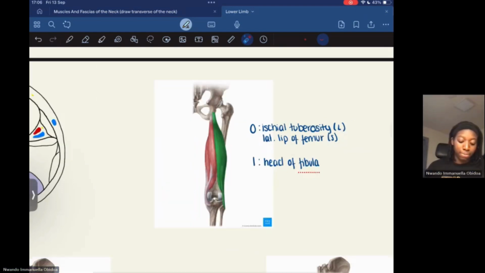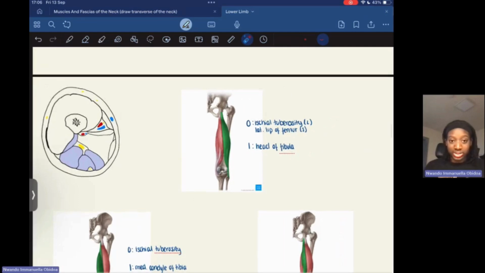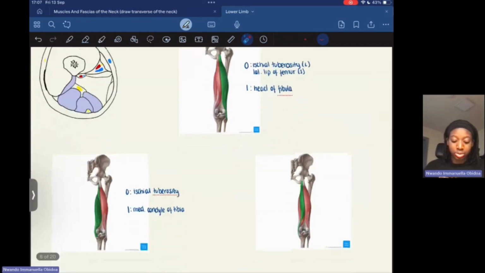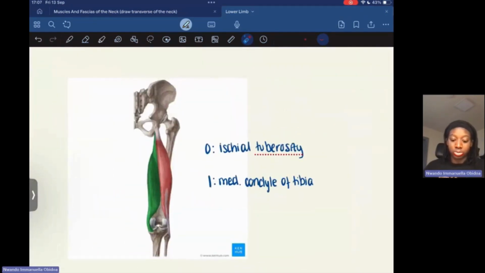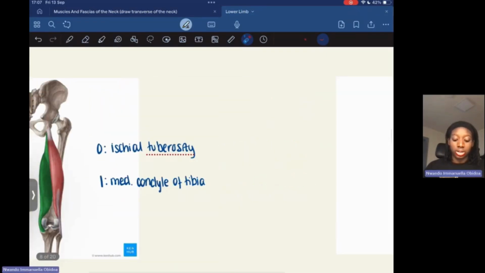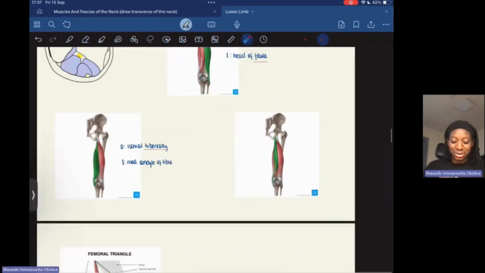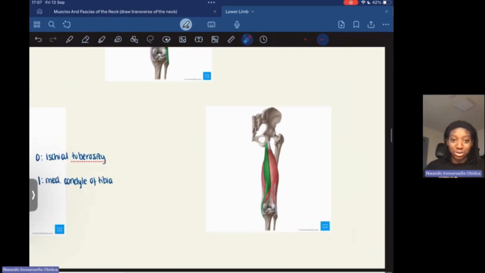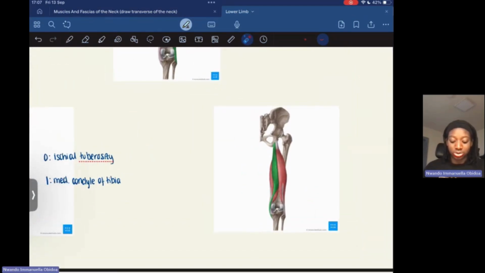Then the semimembranosus comes from the ischial tuberosity and then inserts on the medial condyle of the tibia. And then last but not least, we have the semitendinosus, which comes from the ischial tuberosity and also inserts on the medial condyle of the tibia.